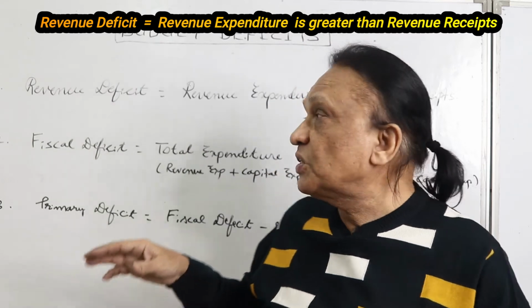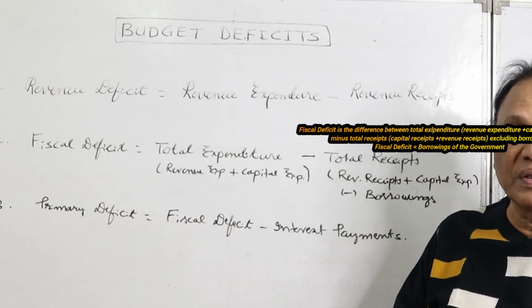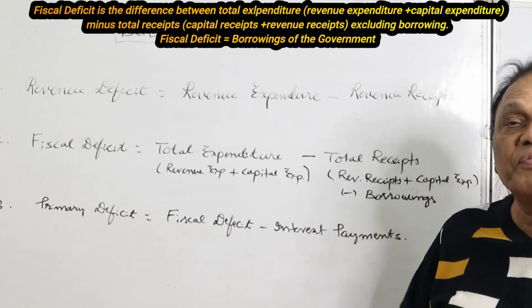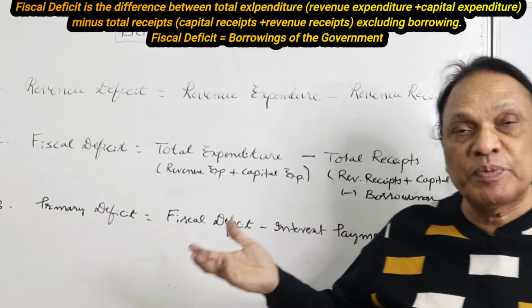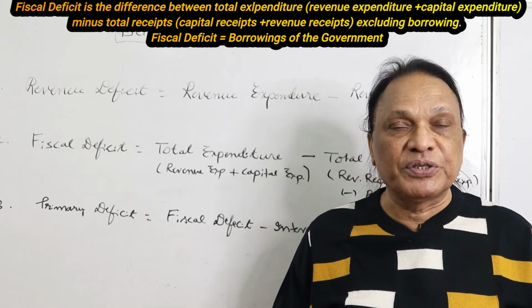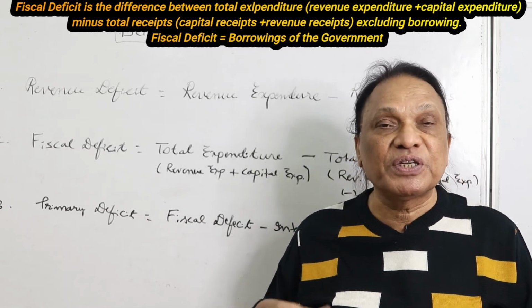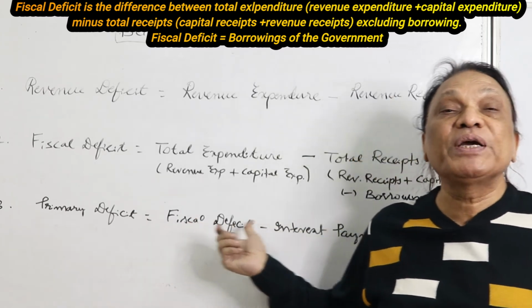The second deficit you will be learning here is fiscal deficit. That's very important in the government budget. Fiscal deficit is the total expenditure of the government, that includes both revenue expenditure and capital expenditure, minus total receipts, which includes both revenue receipts and capital receipts, excluding borrowings.